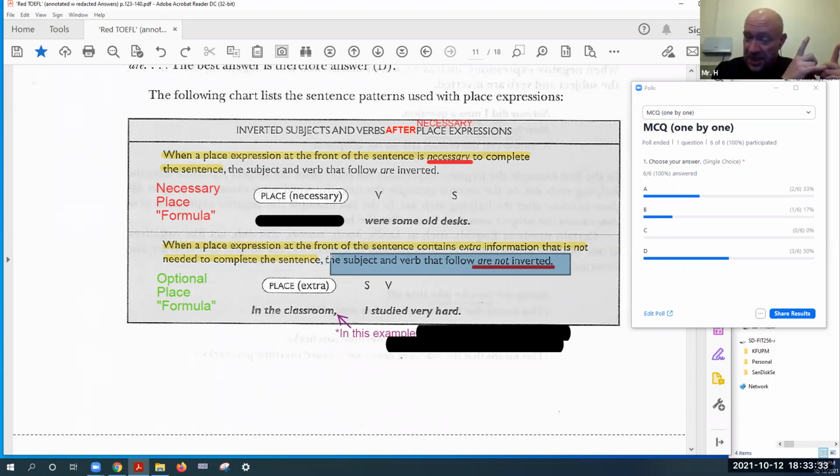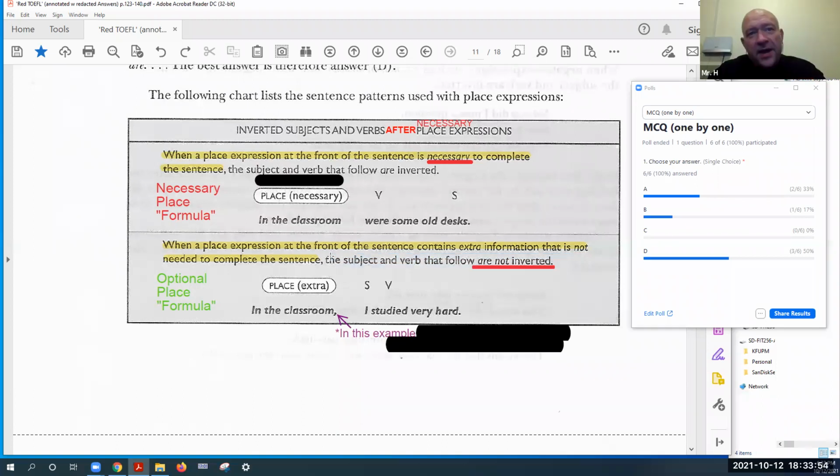So it comes at the beginning. But in the second formula, the optional place, the information is extra, so it is optional. And then what's the word order? Read the example. "In the classroom, I studied very hard." Let's cover that up. "I studied very hard." What do you think now?